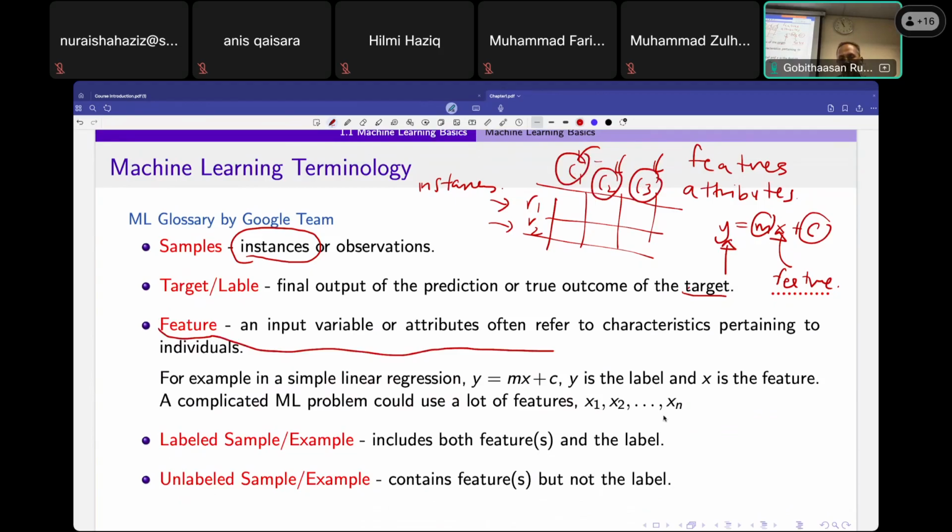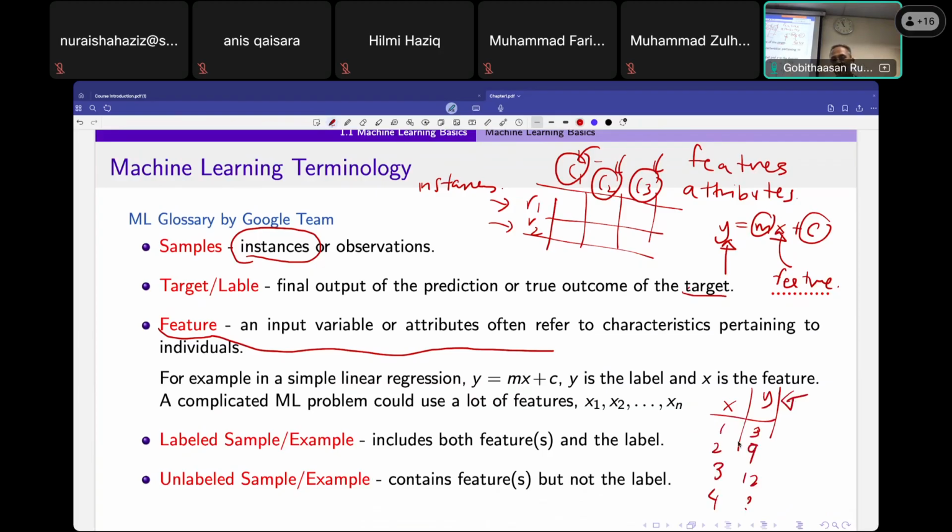So for example, I have X and then Y, let's say. So I give X is 1, Y is 3, X is 2, Y is 9, X is 3, Y is 12, let's say. So I'll give X is 4. What is Y? So Y are actually labels. So this data set is actually a labeled data set.